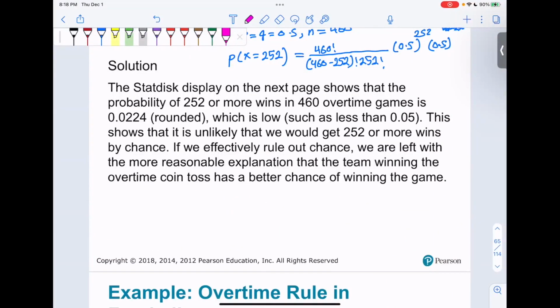Okay. And so it is less than this value, right? This shows that it is unlikely that we could get 252 or more wins by chance. Okay.